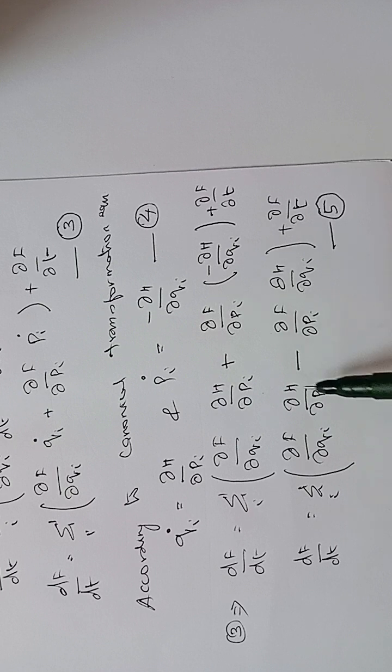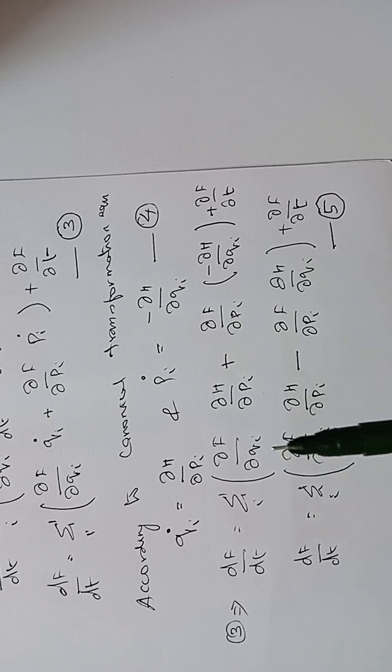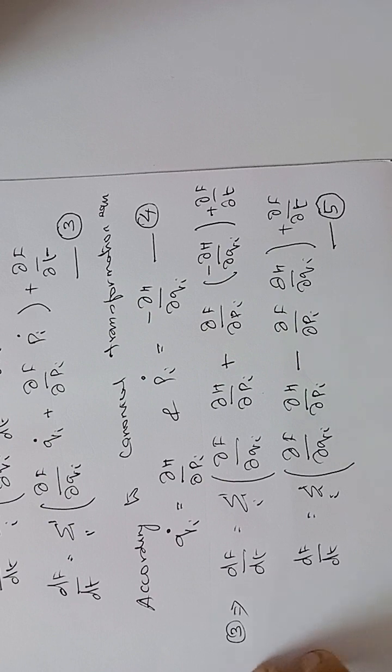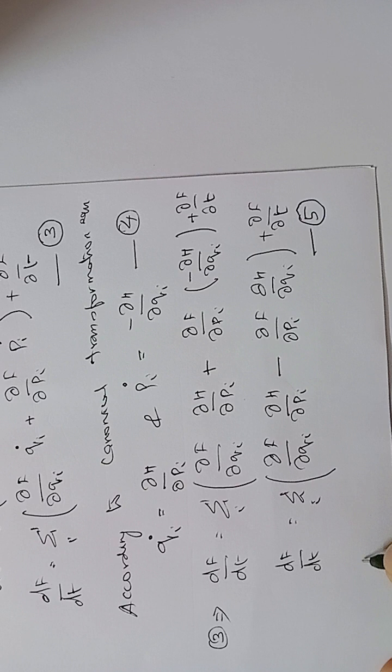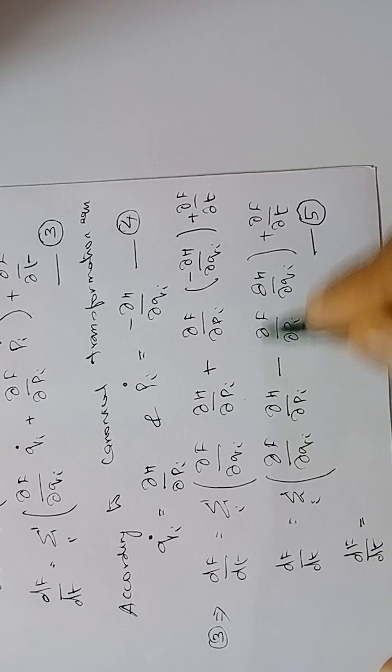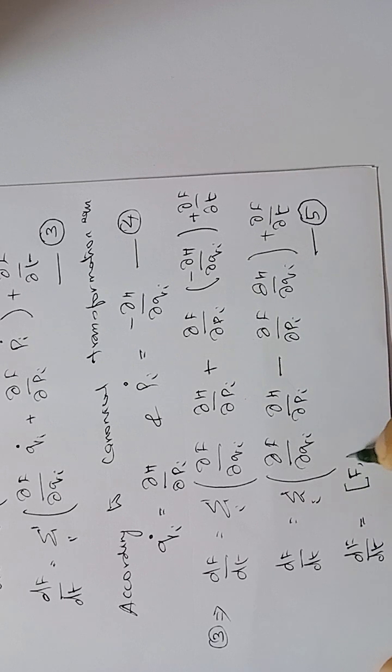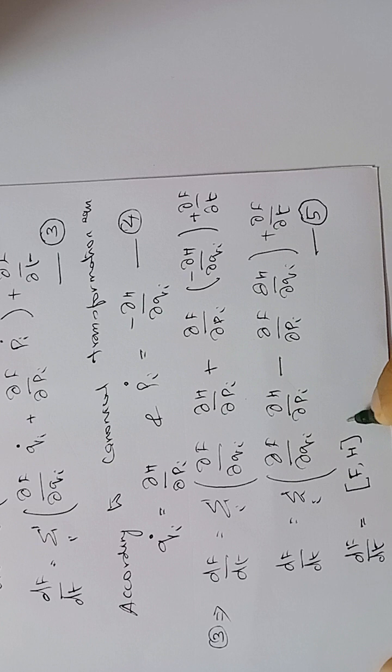Here you see, instead of g, h is coming. Therefore this equation may be written as df by dt equals the Poisson bracket of f comma h plus dou f by dou t.